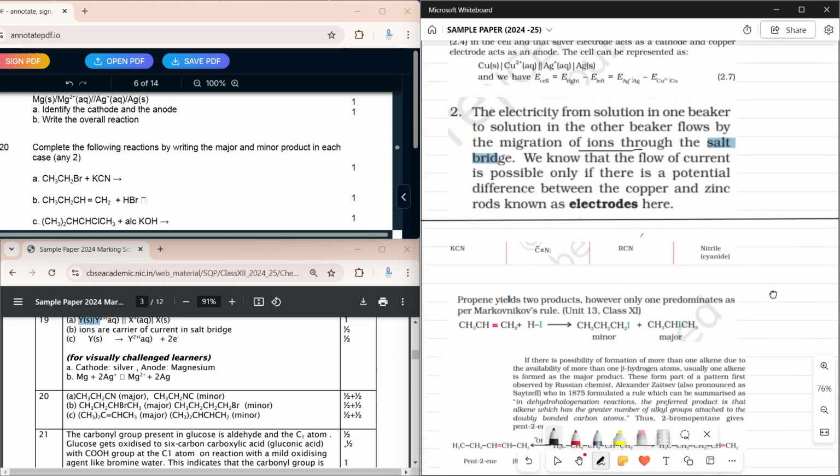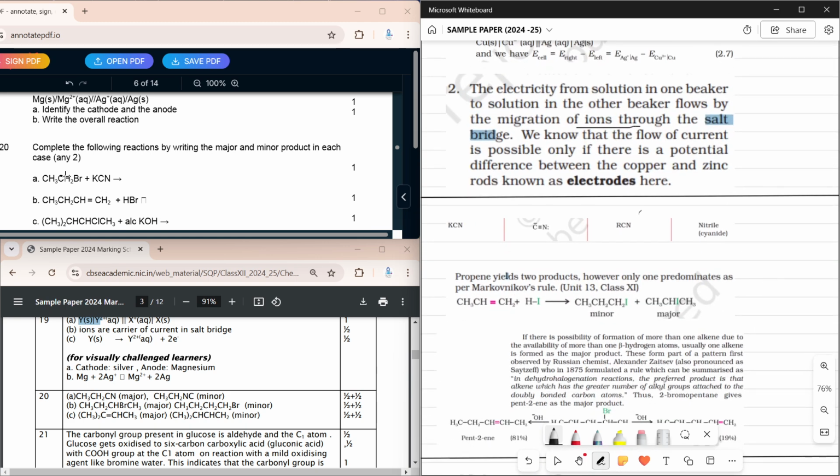So the first one is reaction with KCN. This is a nucleophilic substitution reaction, and for reaction with KCN, you have the possibility of the bond being formed between the CH2 and C, or NC. Both are possible, but for KCN, it's going to be the RCN, that is the cyanide, or nitrile, which is the major product.